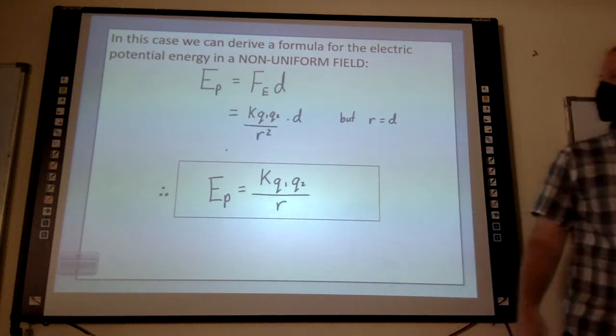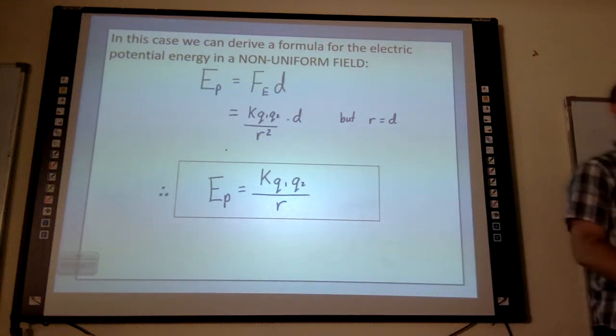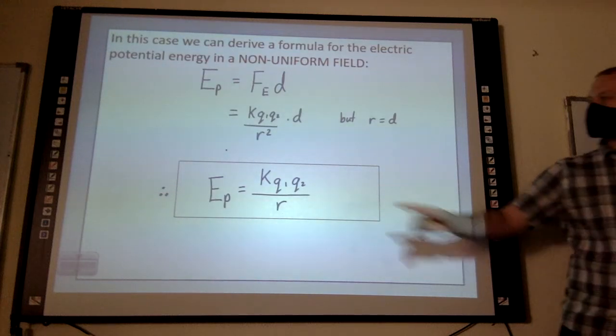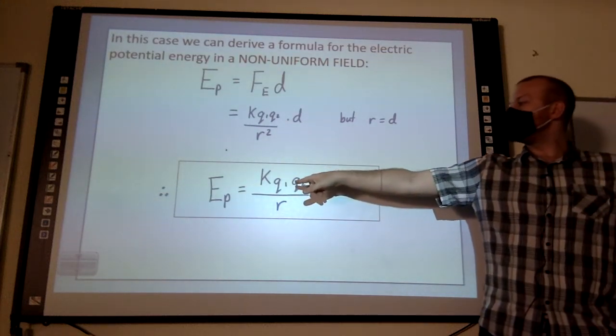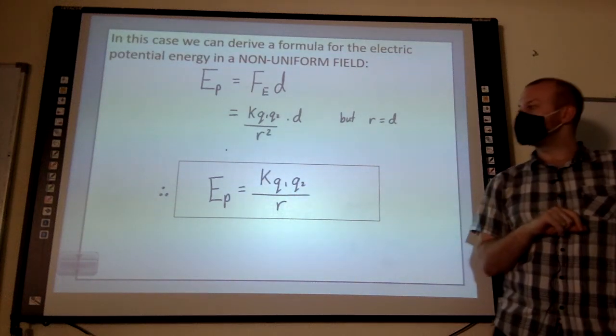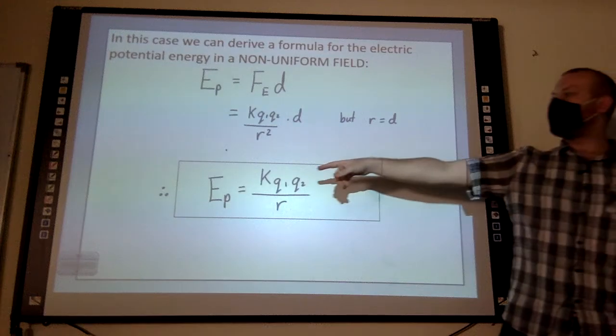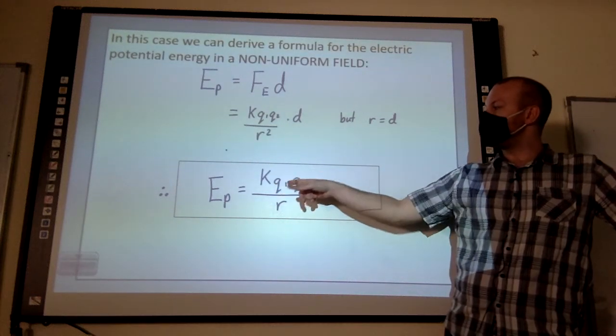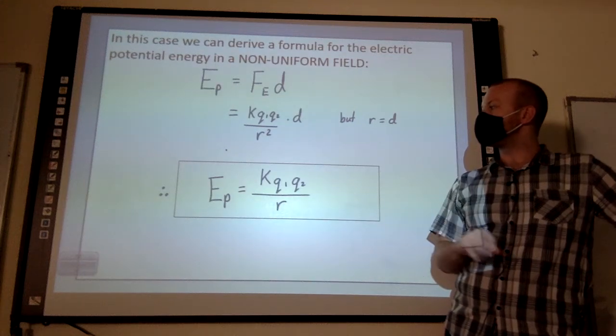So therefore, here is our equation for electric potential energy. Again, this looks basically the exact same as gravitational potential energy, except here it's positive, and I'm dealing with charges instead of masses. Before we had EP equals capital G, M1, M2 over R, and it was negative.